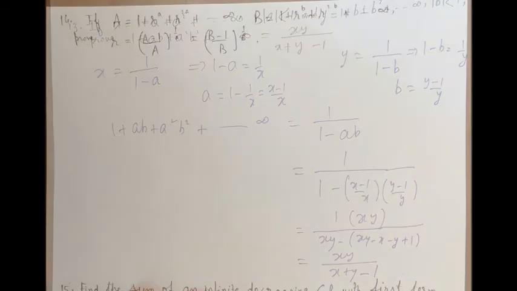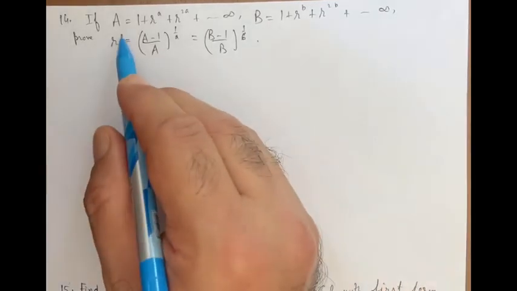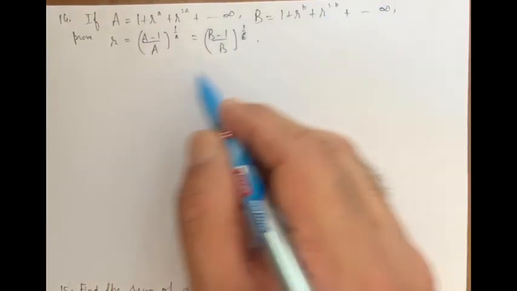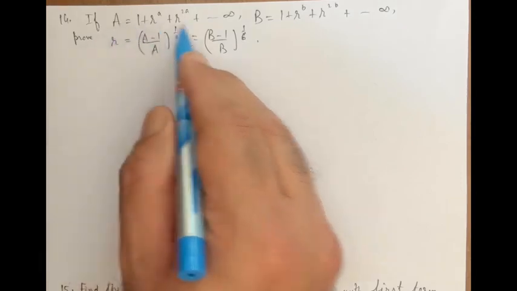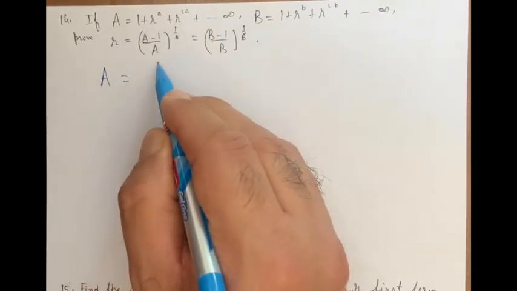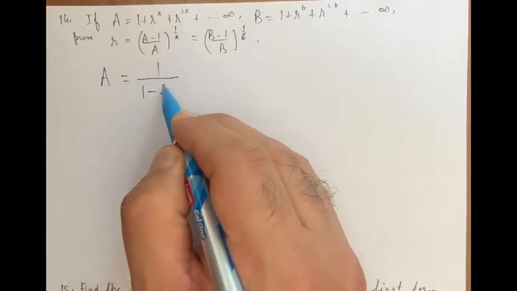This is what we wanted to prove. The next one we are given, this is infinite GP, this is also infinite GP. A is sum of infinite GP. So A is first term 1 upon 1 minus common ratio.